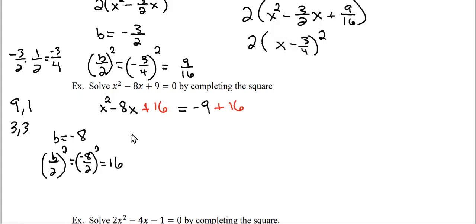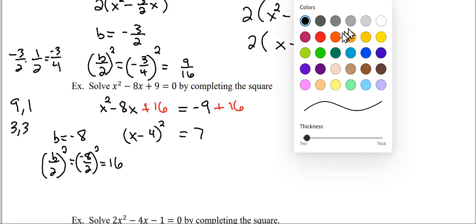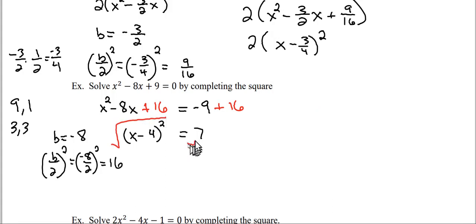The left-hand side of this is that perfect square trinomial that factors into x minus 4 quantity squared. The right side is 7. We can now use the square root property since we have a quantity squared.